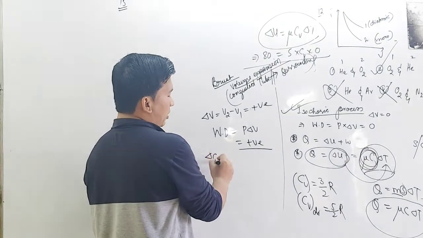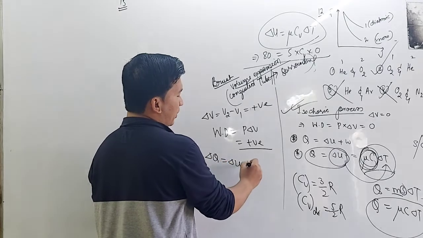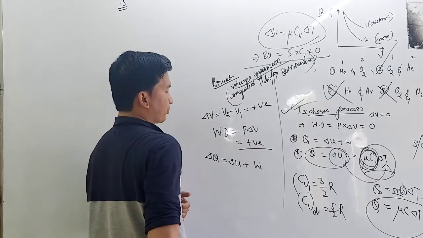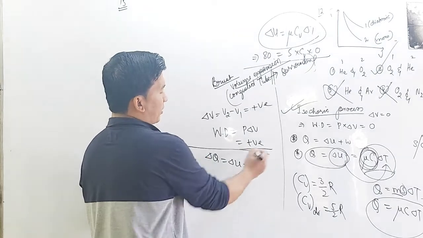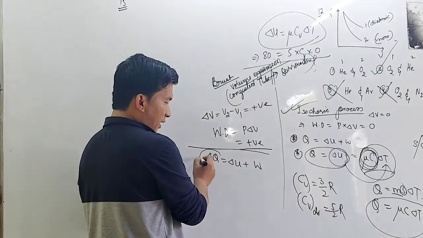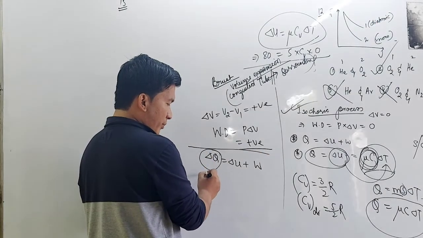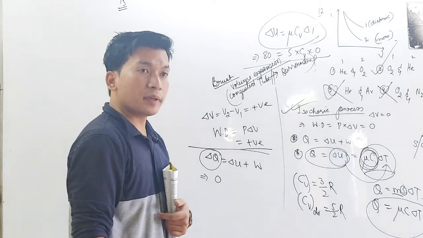Our delta Q is equal to delta U plus W. From the first law of thermodynamics, for your adiabatic process this will be equal to 0. There must be no heat exchange.